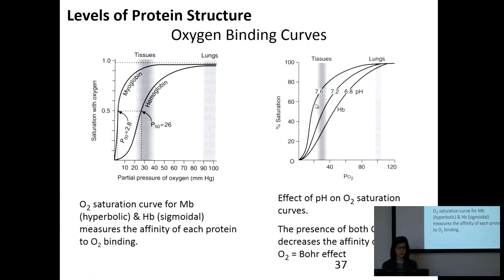Another way to say this is that we reach the same percent saturation at a lower concentration of oxygen at higher pHs. We reach the same percent saturation of oxygen in our hemoglobin with lower concentrations of oxygen at higher pHs.